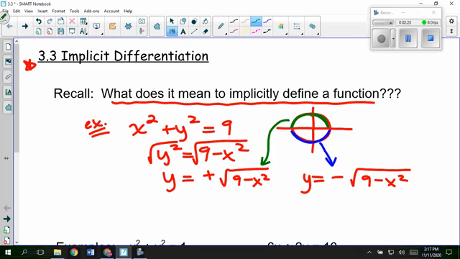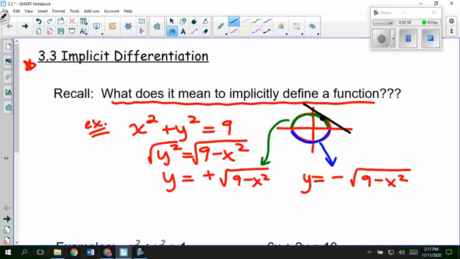So the same thing is going to occur in calculus. And if I were to ask you to create an equation of a tangent line or to tell me what is the derivative of this particular type of circle, hopefully it would be obvious to you right now that I absolutely could find an equation of a tangent line to this graph at a certain spot.